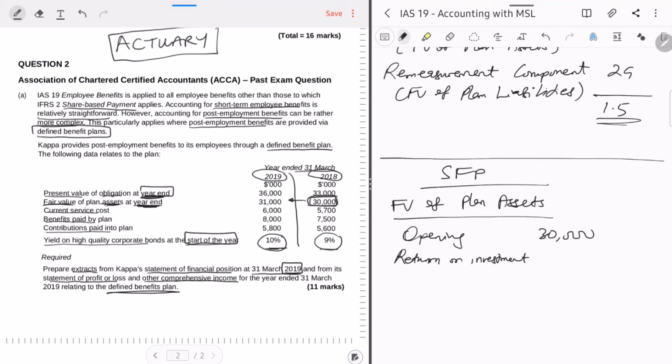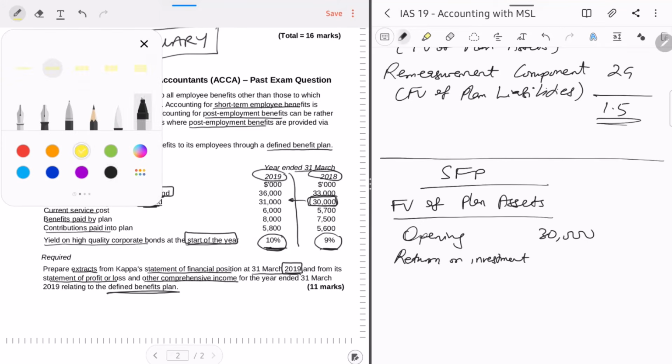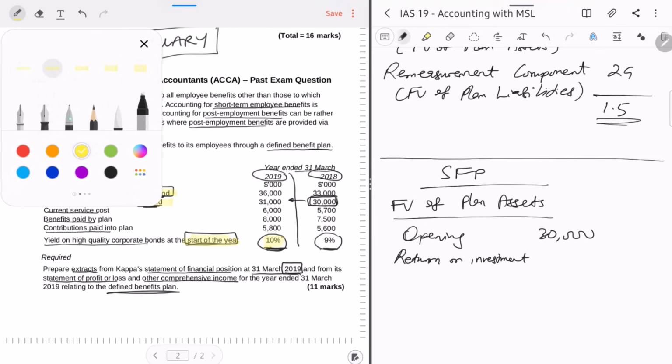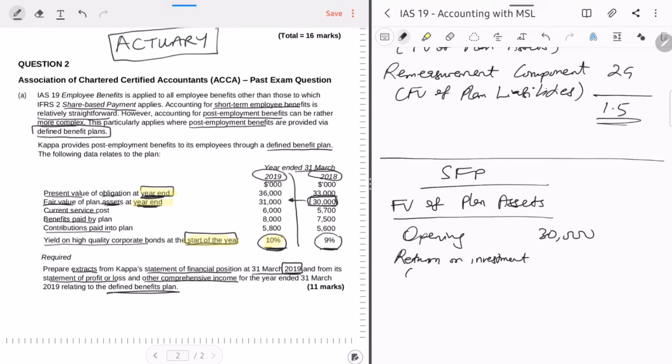You might be tempted to pick the 9, but the rates are for start of year. So it means at the start of 2019, the rate was 10, not 9. Please take note. This is the trick in the question. All of these are year end, but this is start of the year. So you must pick 10%. So it's going to be 10% of 30,000. That obviously gives you 3,000.